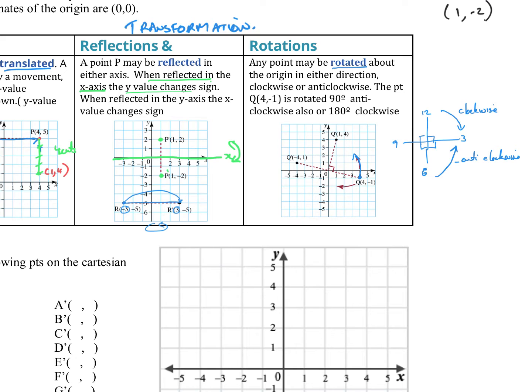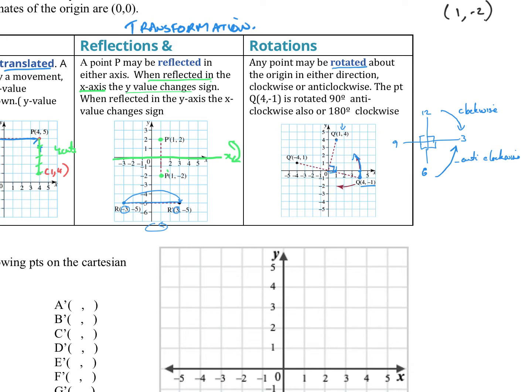So really what ends up happening is the point 4, -1, instead of going across 4 units and down 1, I do the opposite. I go across 1 and up 4. So we're swapping the size of the steps that we take.